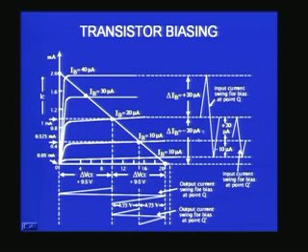So this input sine wave is producing a 20 microampere plus or minus variation in the base current, and that will correspond to a change in the collector current here. You can see that, and that will correspond to a collector emitter variation here. So that is why you get a very large signal here.